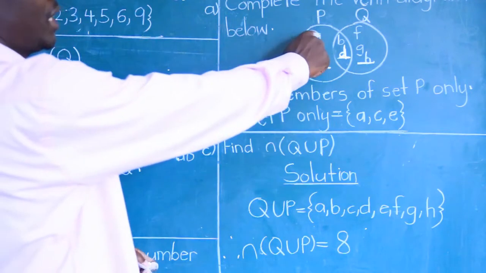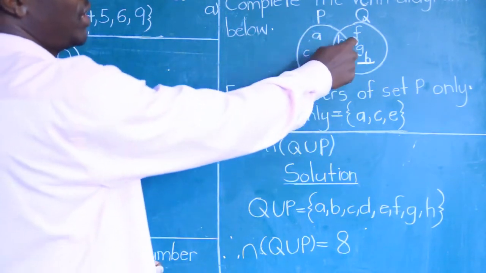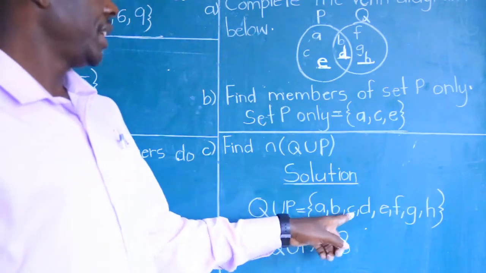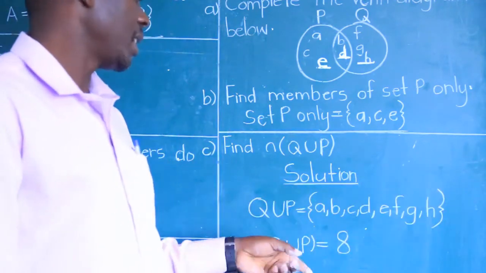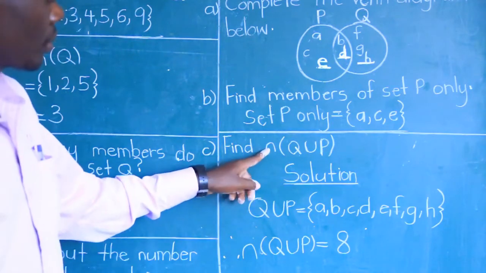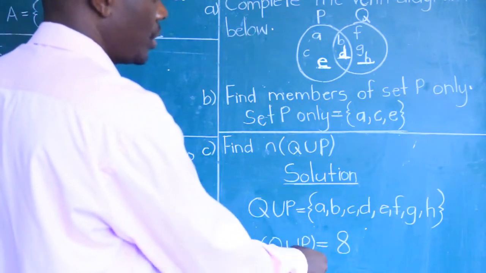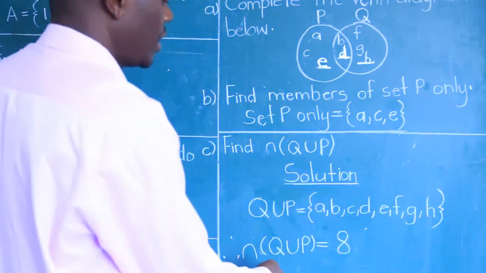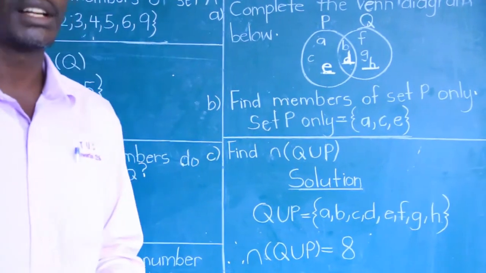That's why I said A, B, C, D, E, F, D, H. So you say Q union P equals A, B, C, D, E, F, D, H, with commas, enclosed in curly brackets. Again do the counting because this one calls for the number of elements. So the number of elements in set P union Q equals 1, 2, 3, 4, 5, 6, 7, 8, and write 8 there. Remember not to include it in curly brackets.